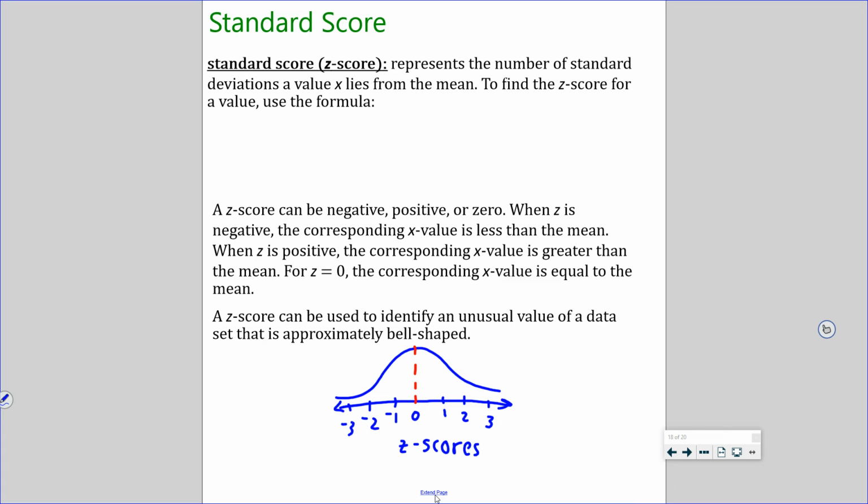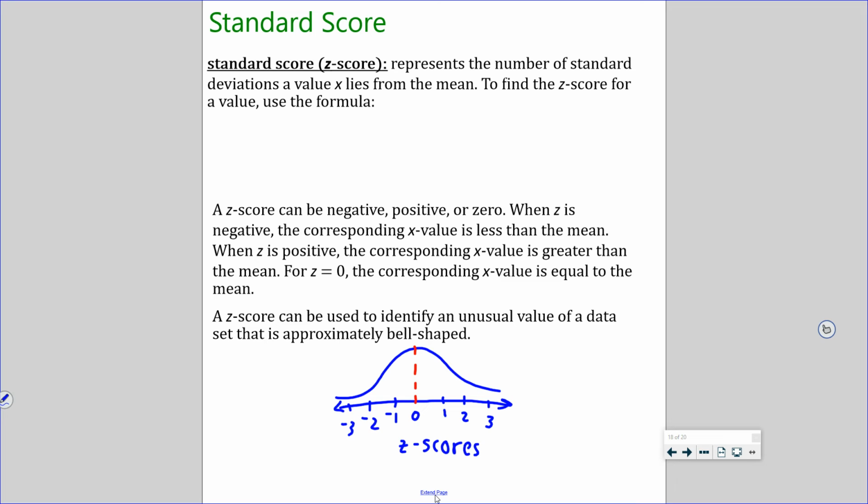A z-score can be positive, negative, or 0. When it's negative, that tells you your data value is less than the mean. When it's positive, it's greater than the mean, and if the z-score is 0, the data value is exactly at the mean.